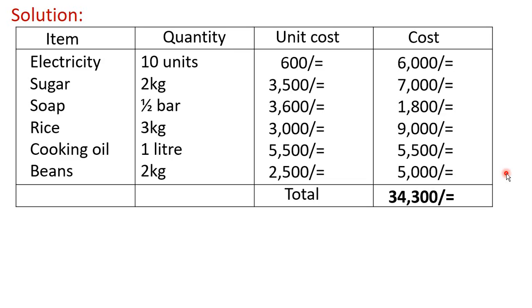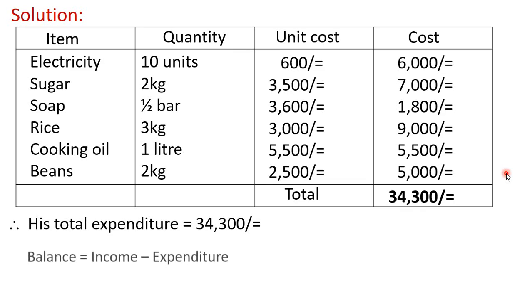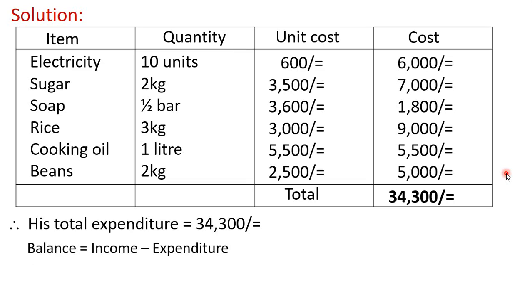So that means that his total expenditure is going to be 34,300 shillings. Then let us also look at the balance that he will remain with from his total income. So the balance is got from income minus expenditure.